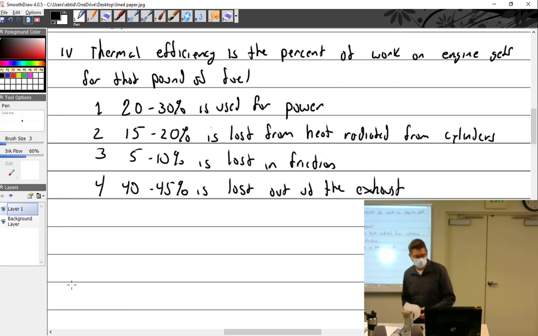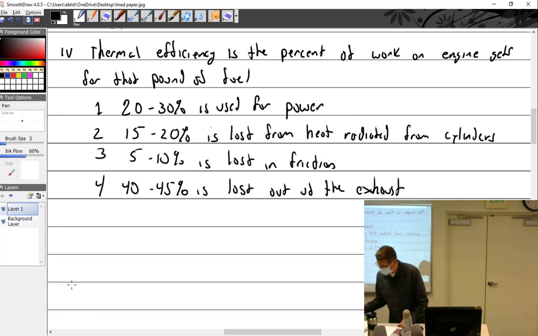My next notes say thermal efficiency can be computed as follows. Indicated thermal efficiency equals indicated horsepower, IHP, divided by 33,000, because that's a constant, divided by the weight of fuel burned, divided by the heat value times 778. I go on to show that an 85 horsepower engine, with a whole bunch of math, has a thermal efficiency of about 23%.